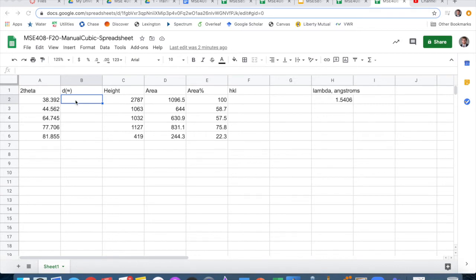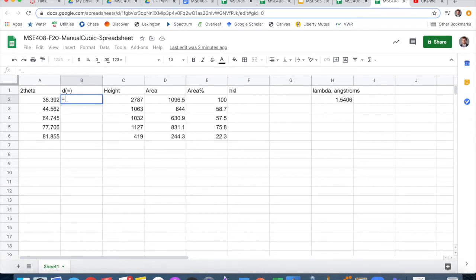The d-spacing is something that you'll want to calculate using Bragg's law, because if you rely on the computer or what the initial software gives you, they might be using the wrong lambda value. So for this example, we're going to use a lambda of copper K alpha, which is 1.5406. So using that, we're going to calculate d-spacings, and we can do that from Bragg's law.